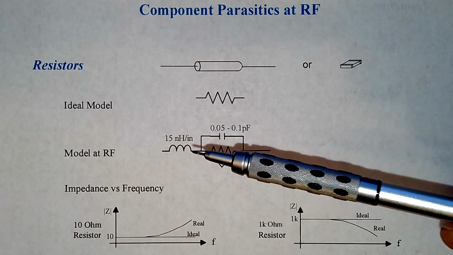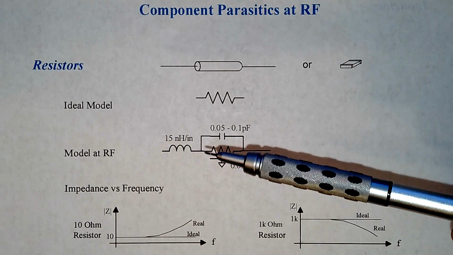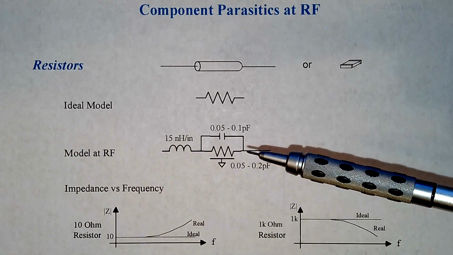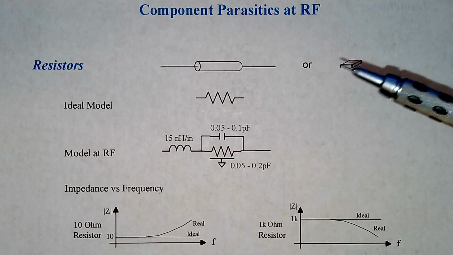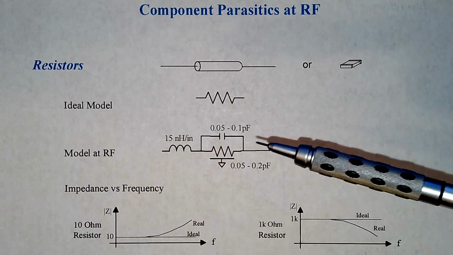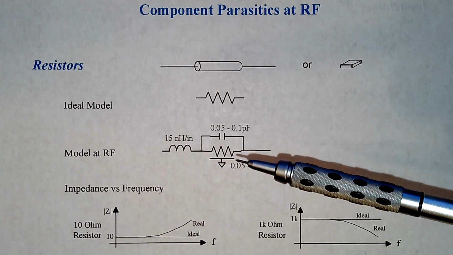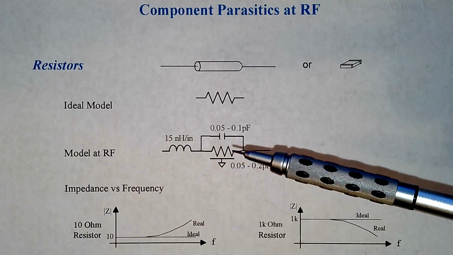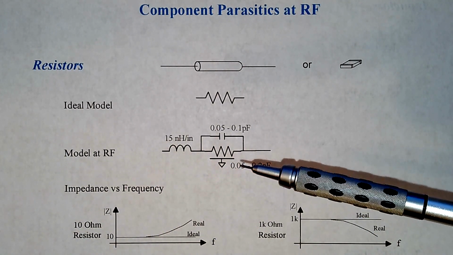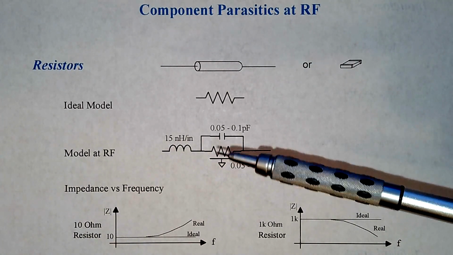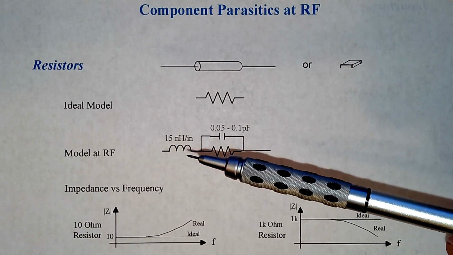And we haven't talked about the capacitance yet, but there's some conductors here, and they're near each other. So whether it's this form or this form, there's capacitance from end to end. And if there's a ground plane below the resistor, there may be capacitance down to that ground plane, which is shown here.